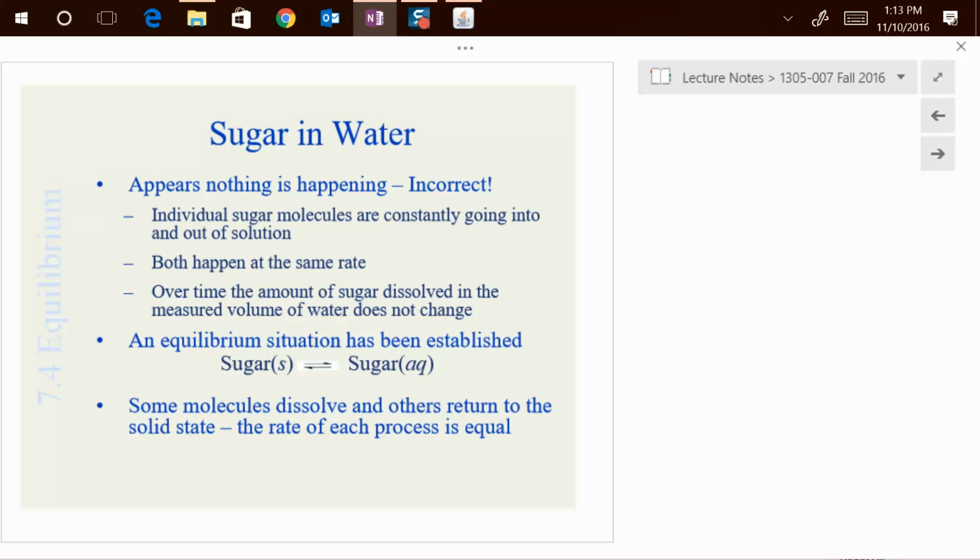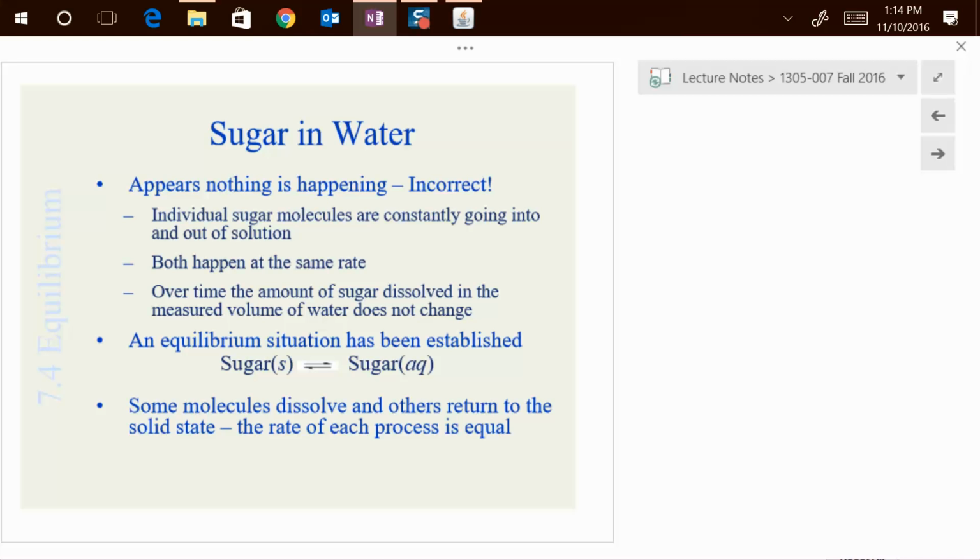So it appears that nothing is happening. We have established an equilibrium between solid sugar and aqueous sugar. The forward and reverse reactions are the same. I might have 98 grams of the sugar dissolved and 2 grams of the sugar not dissolved. So it's not that there are equal concentrations of sugar in and out of the solution.